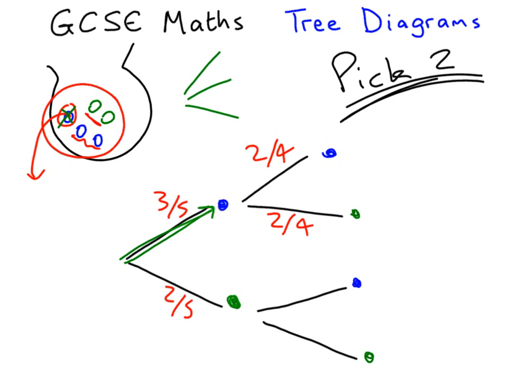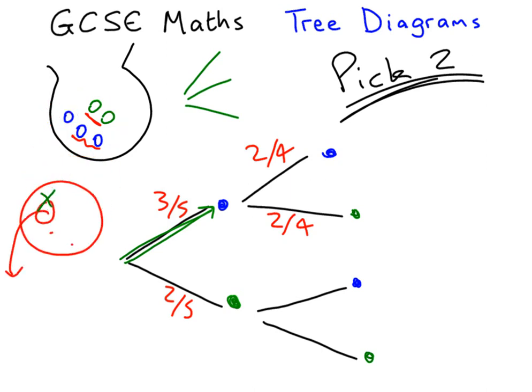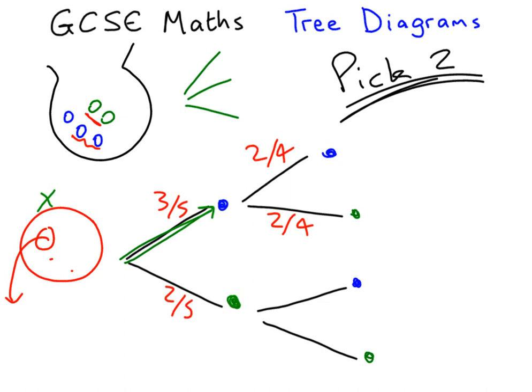Let's look down below. Let's say we take out a green one first, we go along this track, we take out a green, so that's gone. So now the probability of getting blue is more likely, there's 3 blues out of 4, and for green there's going to be 1 left out of 4.